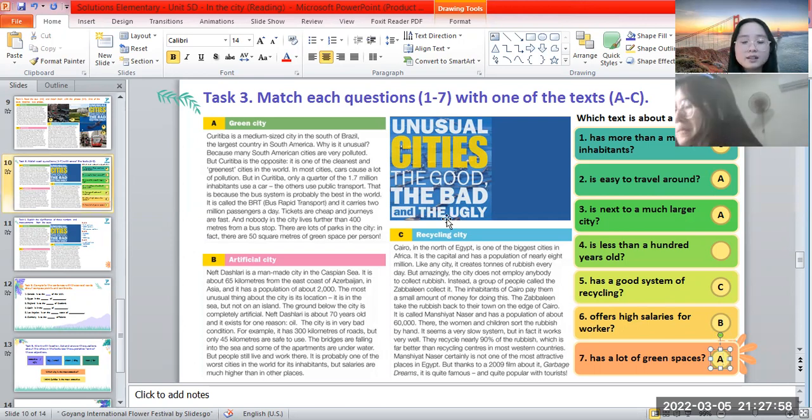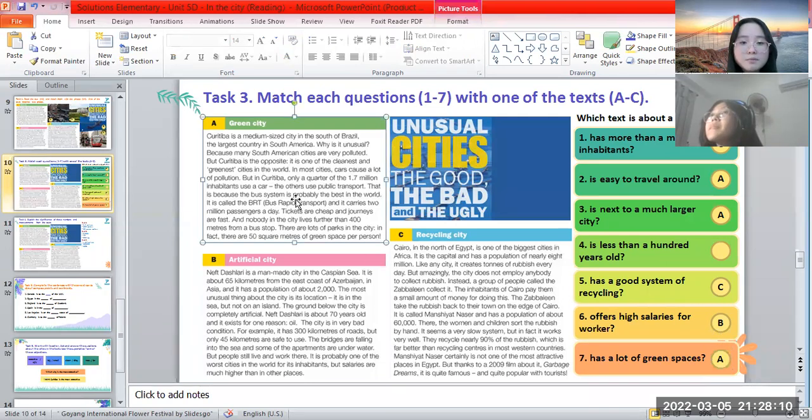Now we're going to check the answers. Which text has more than 1 million inhabitants? So we're going to look from paragraph A to paragraph C. Here we can see only a quarter of 1.7 million inhabitants use a car.